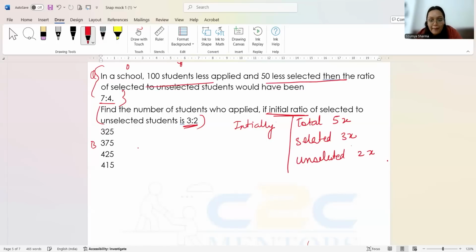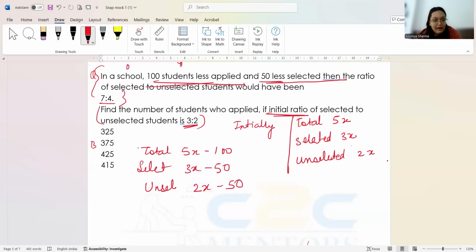Now what happens? 100 students less applied, meaning total will be 5x minus 100. 50 less selected means 3x minus 50. Now you can get unselected as total minus selected. This will be 2x minus 50.